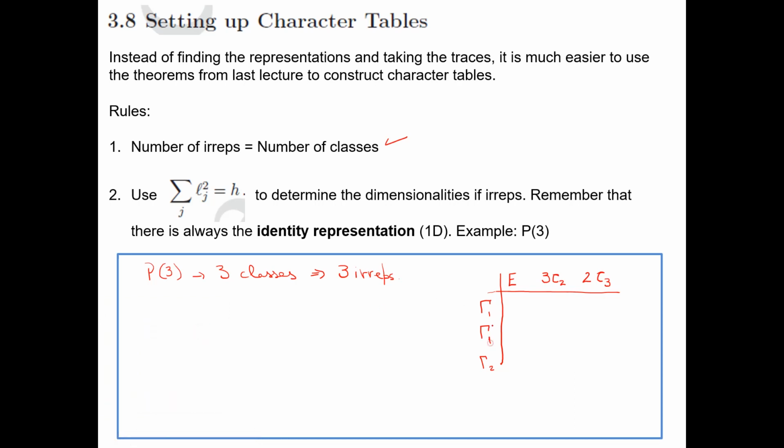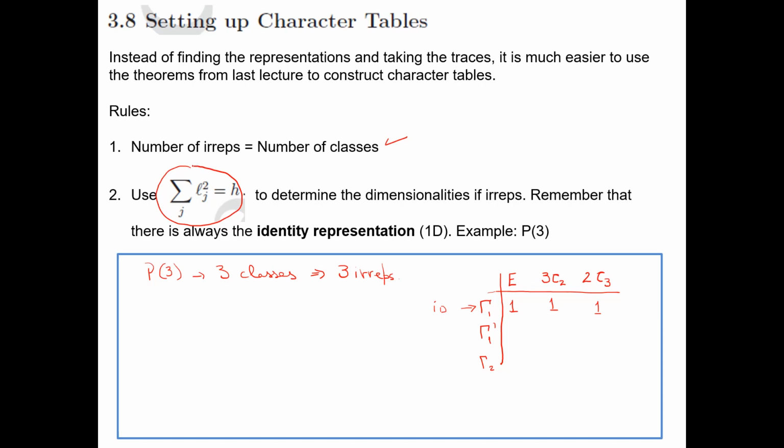So this is gamma 1, and this representation is the identity representation. So all the characters are 1. It's a one-dimensional representation. So we can already start building our character table using that property, and also using this equation here.